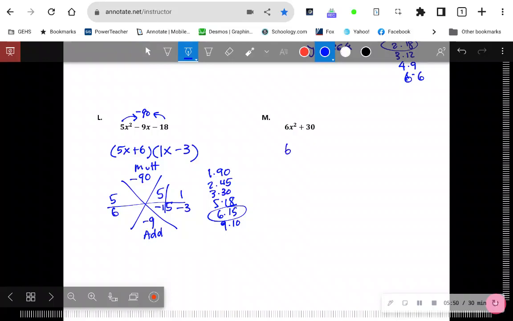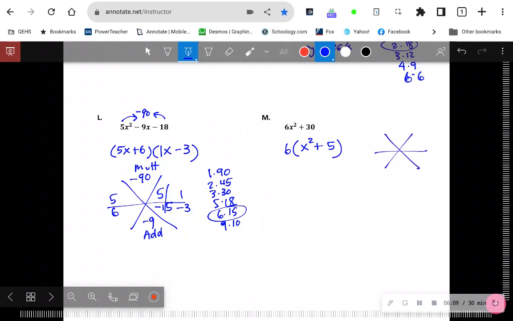Okay, this last one here, there's a common factor. These both divide by 6. So dividing the first one by 6 gives 1x squared. Dividing the other one by 6 gives 5. And this one's done. You really can't do anything else. You could try the star on it. I don't think it's going to work, but let me show you how that would work.